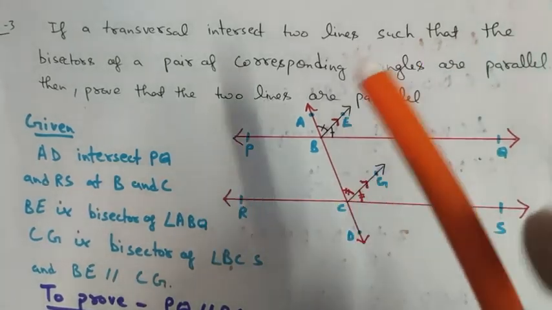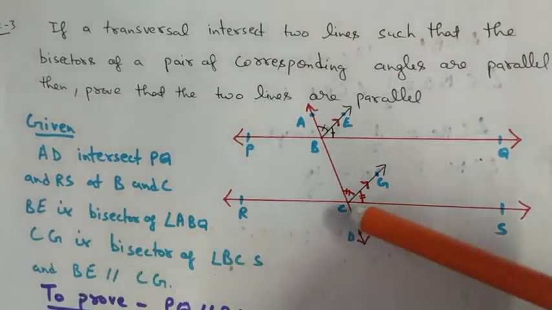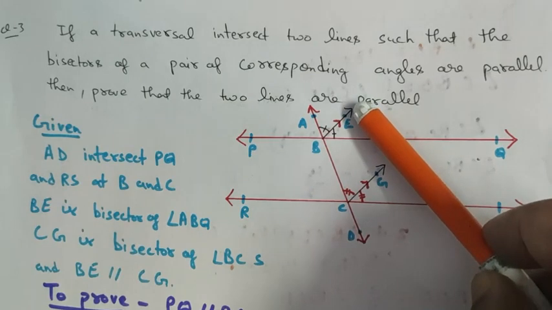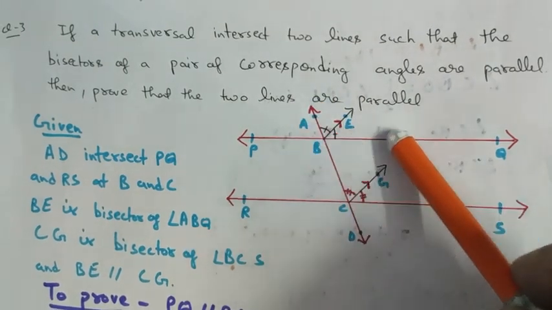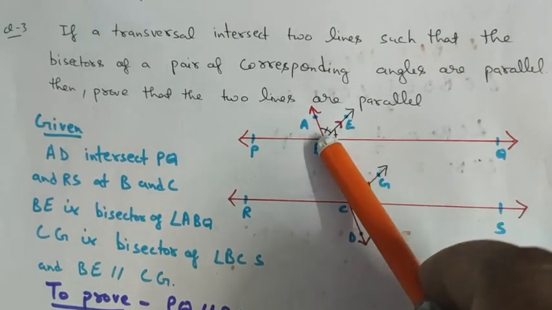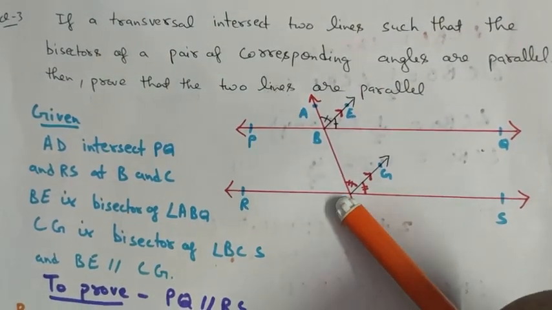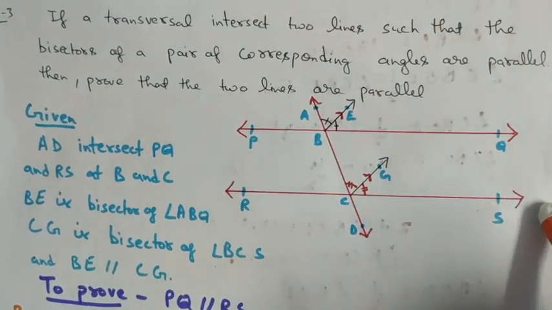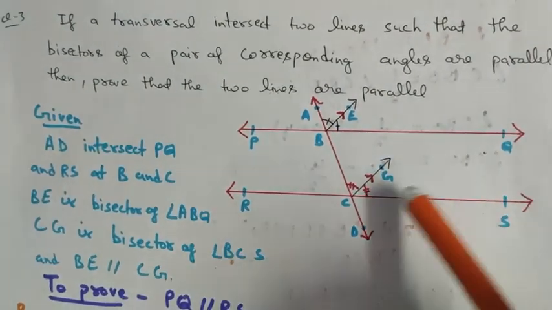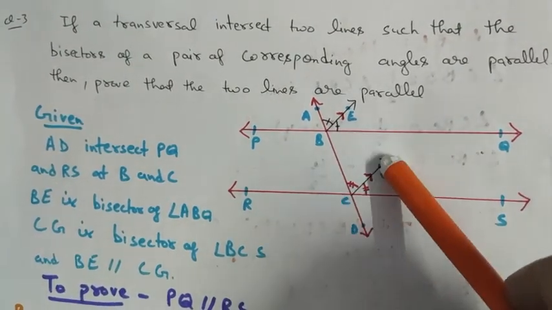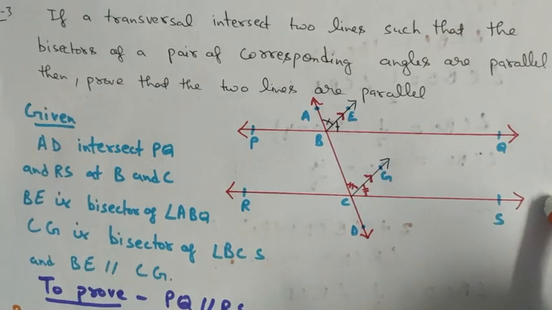This is given. Second information which is given is that ray BE is the angle bisector of angle ABQ, and CG is the bisector of angle BCS.